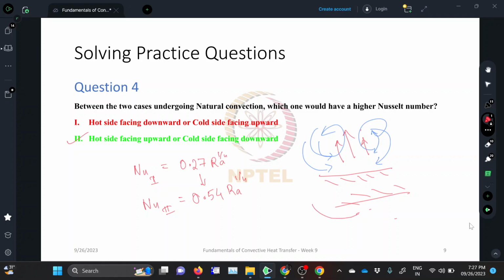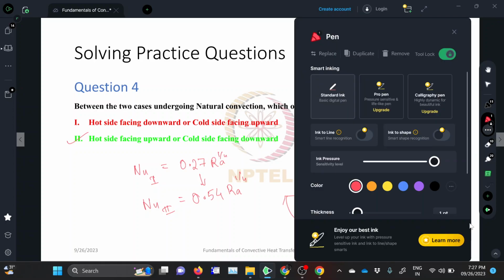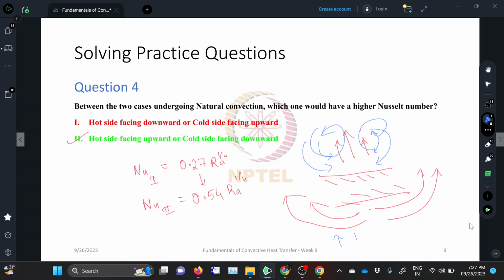On the other case where I have a hot plate facing downward, the fluid over here gets heated up and this has to cross over and move this way. So there is a lot more resistance facing it, and there would be cold air again coming in from the bottom to compensate for that.